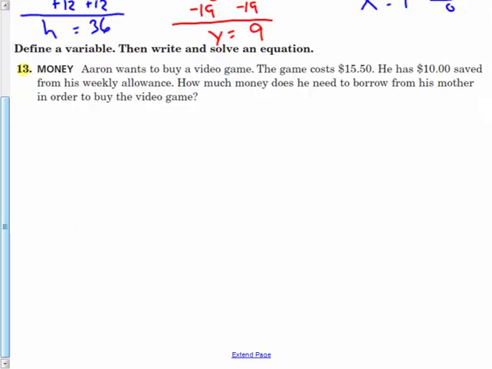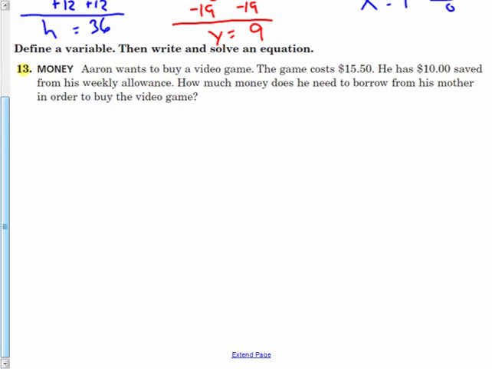The last thing I want to look at with you here is reading a word problem and being able to write your own equation for the situation in the word problem. So this says Aaron wants to buy a video game. The game costs $15.50. He has $10 saved from his weekly allowance.